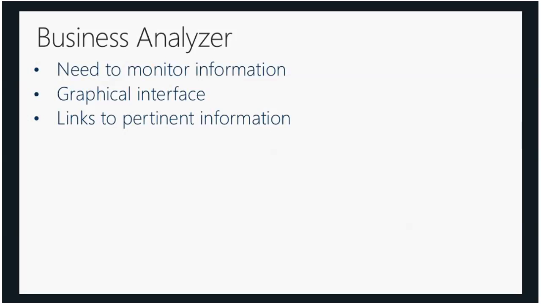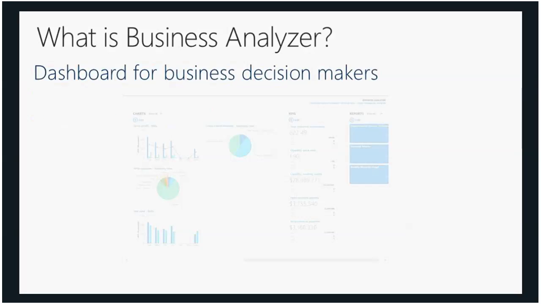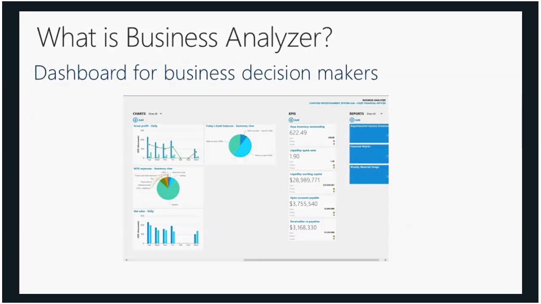Or I want him to be able to view the Management Reporter documents, but again, it's a URL. That's where a Management Reporter report would be a URL. I don't want to have to worry about reminding him or him losing the link to how to get to it. So I want to be able to provide this information, and that's exactly what the Business Analyzer is.